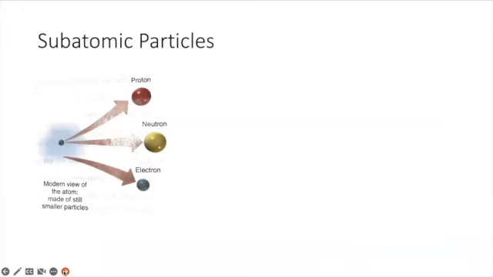So these subatomic particles, right? They are particles that are smaller than the atom. Here's our modern view of the atom. We have protons, which I'm sure you're familiar with, neutrons, Jimmy Neutron, and electrons, which I was just talking about previously.